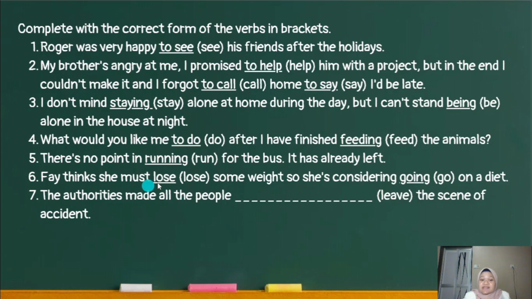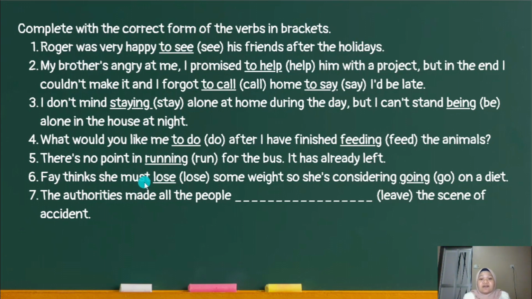So for those who answered to lose just now, it is wrong. The answer is lose. Why? Because this is bare infinitive. Faye thinks she must lose. Why is it bare infinitive? Because of the word must.